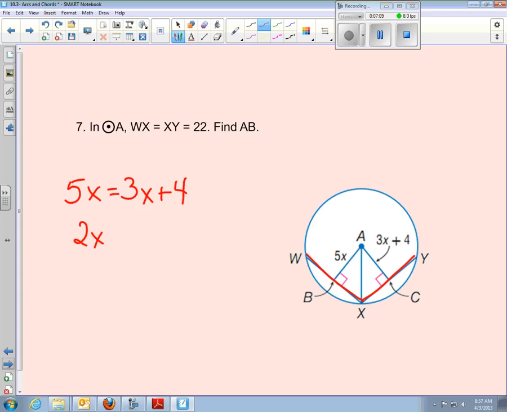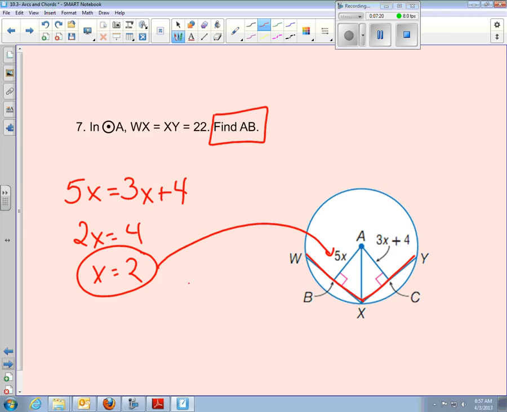So we have 2x equals 4, so x equals 2. So that's not quite our answer though. It says find AB. So go ahead and plug that back in to get AB. And the segment AB is going to equal 10. And just so you know, if you were to plug the 2 back in over here, we should also get 10. All right, finish up those missing problems and we will go through them.